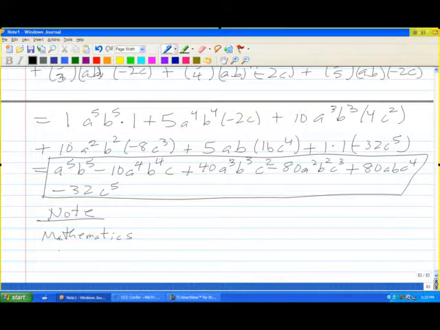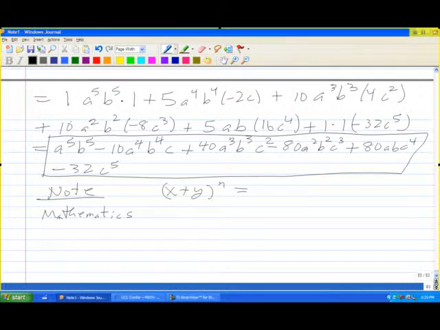we write the binomial. So x plus y to the n is equal to, in mathematics, we write sum k equaling 0 to n of nCk x to the n minus k y to the k.